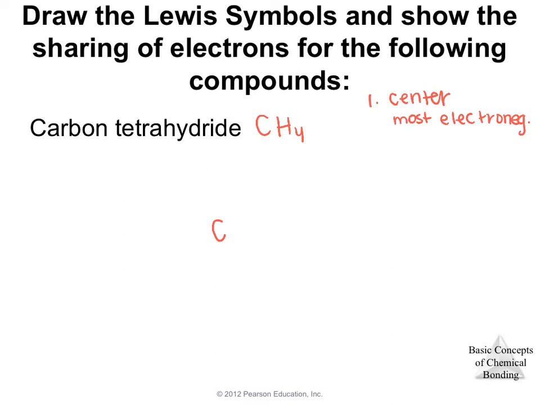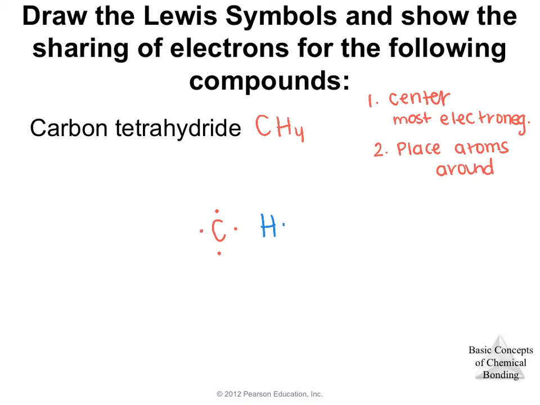And we're going to draw carbon with its 4 valence electrons: 1, 2, 3, 4. Next, we're going to place the other atoms around it. So I've got 4 hydrogen and 4 spots for bonds. So I'm going to draw on my 4 hydrogen.